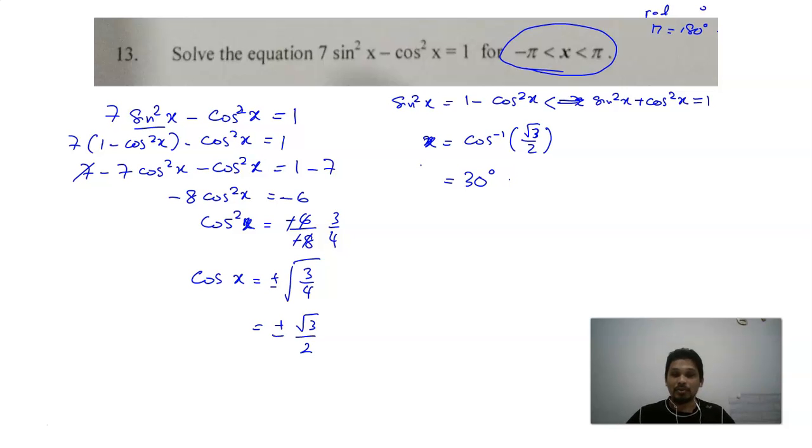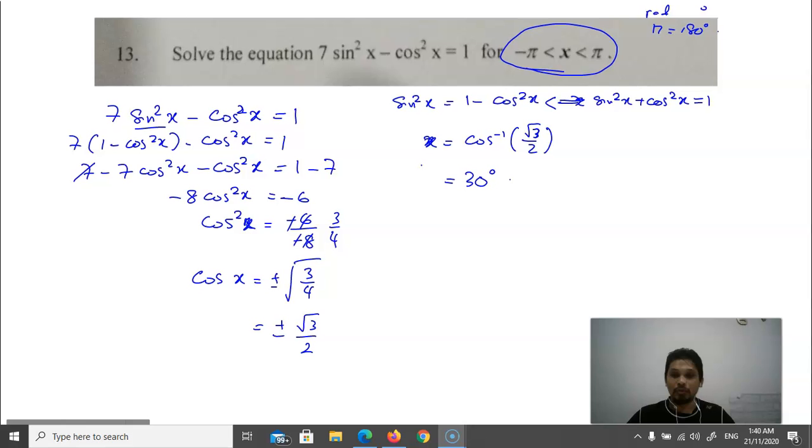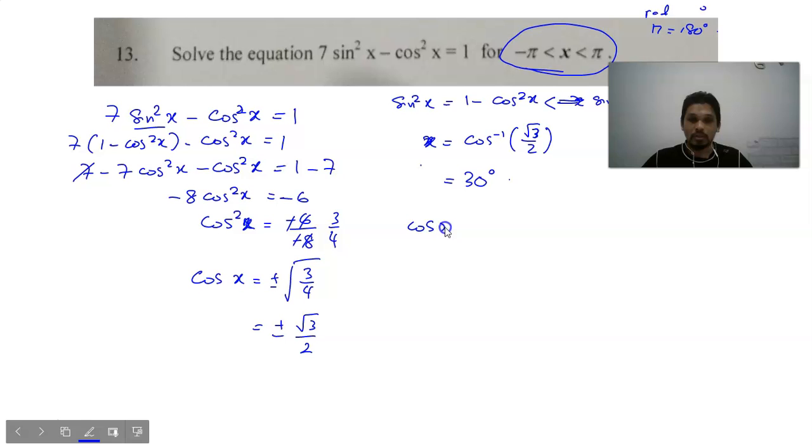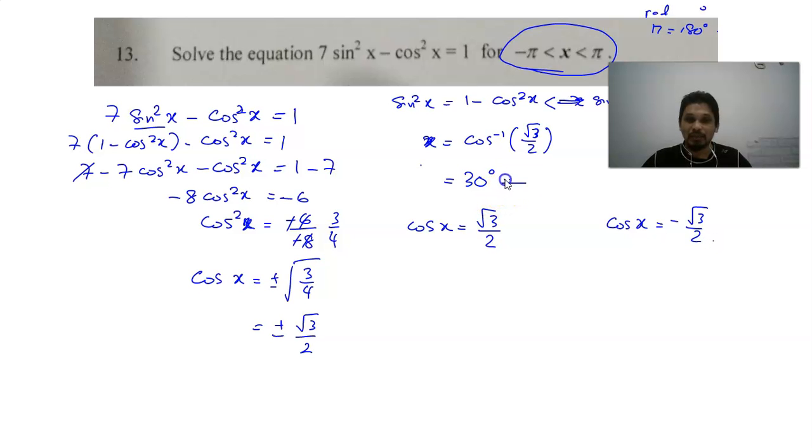Now it's time for us to look at both conditions, where cos x equal to positive square root of 3 divided by 2, and cos x equal to negative square root of 3 divided by 2, where the basic angle here is 30 degrees. So cos positive lies in the first quadrant and third quadrant.